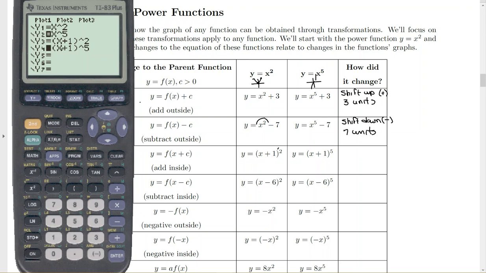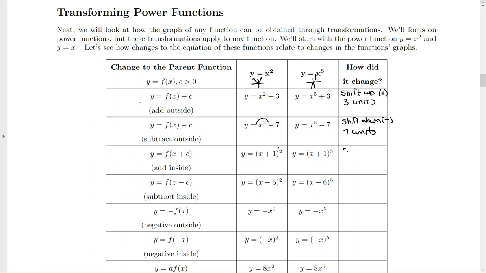So again, we're going +1. When I graph it, it was at 0, and then it gets shifted over to the left 1 unit. So again, if it had been +8 inside the parenthesis, we'd be shifting left 8 units.